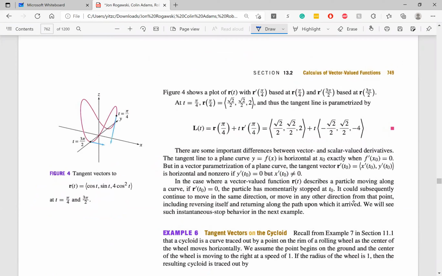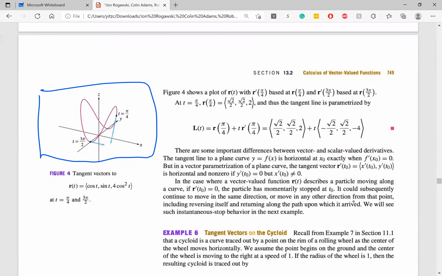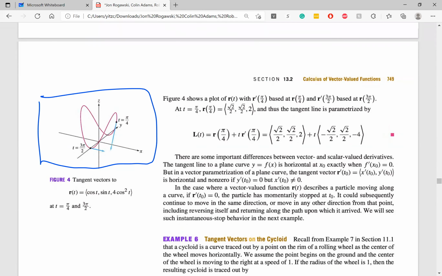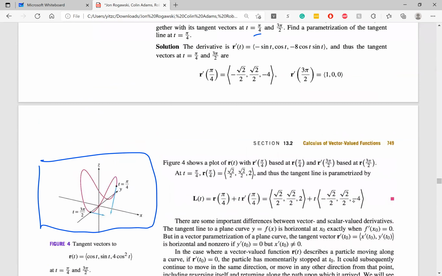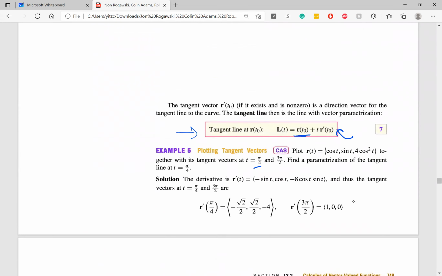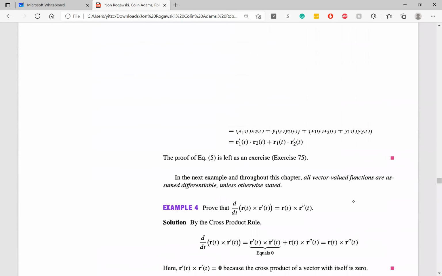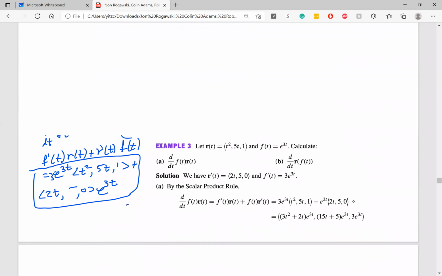And here's a picture that they show us for the problem that we just did. The curve is the one that they show. I believe that this curve, we saw that it was the intersection of two surfaces. Let me make sure that's correct.